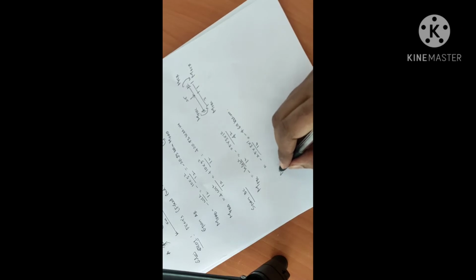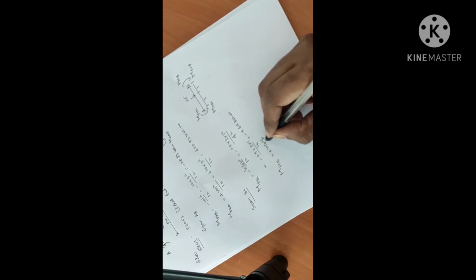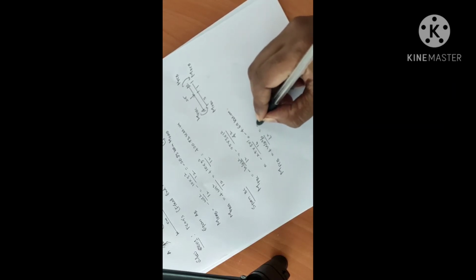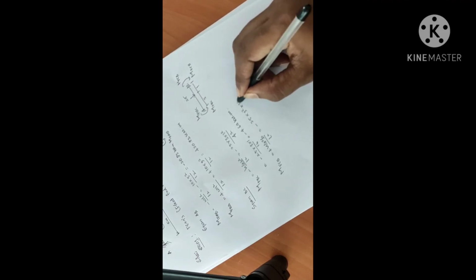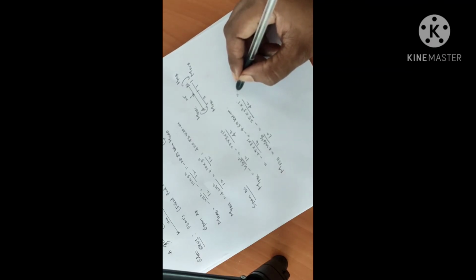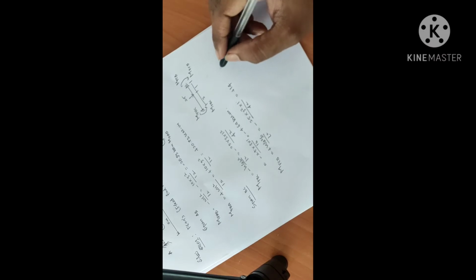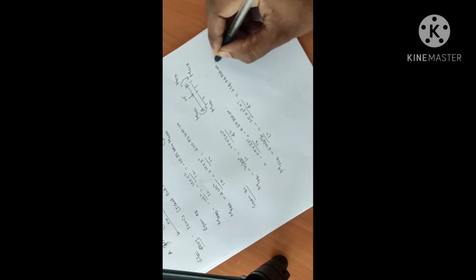Now similarly go for MFCB. It will be plus W a square b by L square, that is 25 into 3 square into 1 divided by 4 square. The answer for this will be positive, plus 14.06 kilonewton meter.